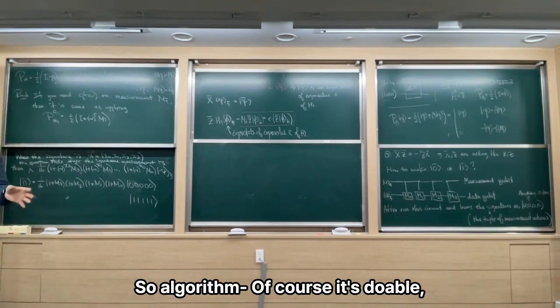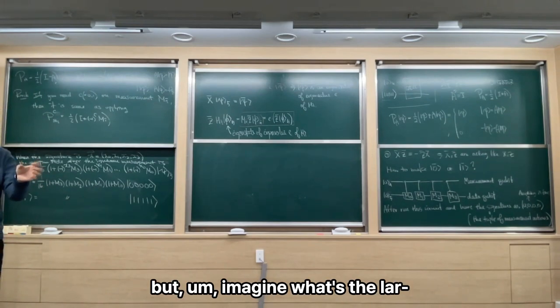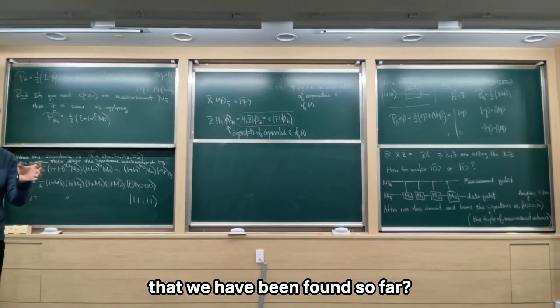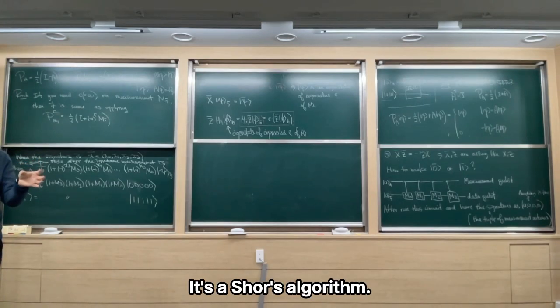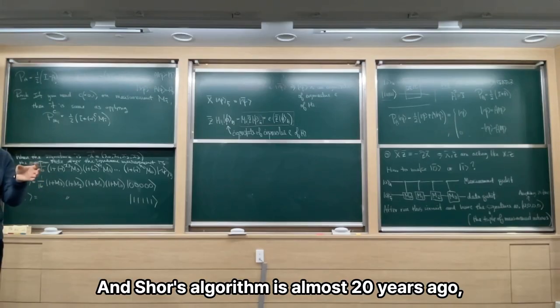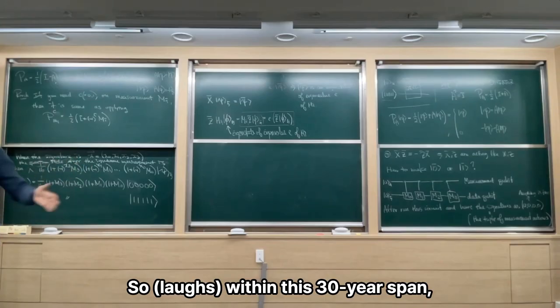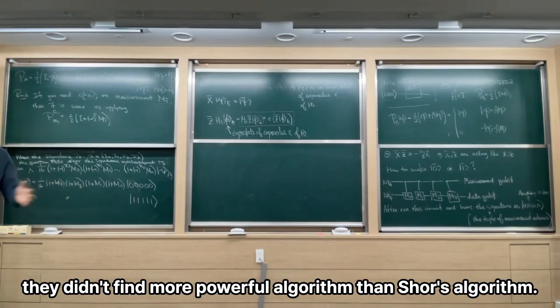So algorithm, of course, it's doable, but imagine what's the most important algorithm that we have found so far. It's Shor's algorithm, and Shor's algorithm is more than 30 years old now, right? Within this 30-year span, they didn't find a more powerful algorithm than Shor's algorithm.